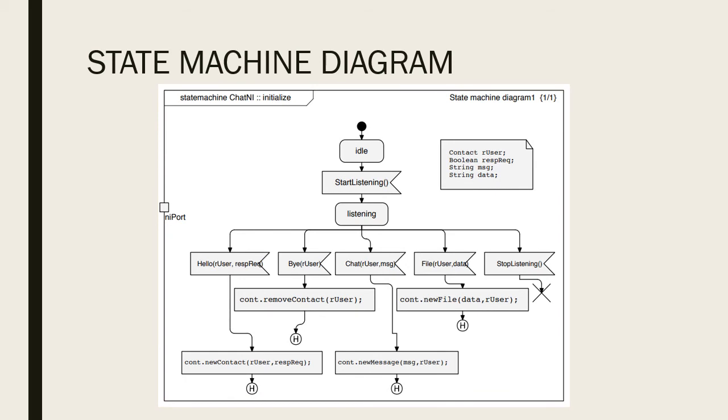In this part of this presentation, we have a new type of UML diagram. It's a state machine diagram, which is included in the behavioral family that represents the different states of objects related to the events. We have the background, which is the start position. Then we have the start listening function, which is present in the chat network interface as we saw in the class diagram.